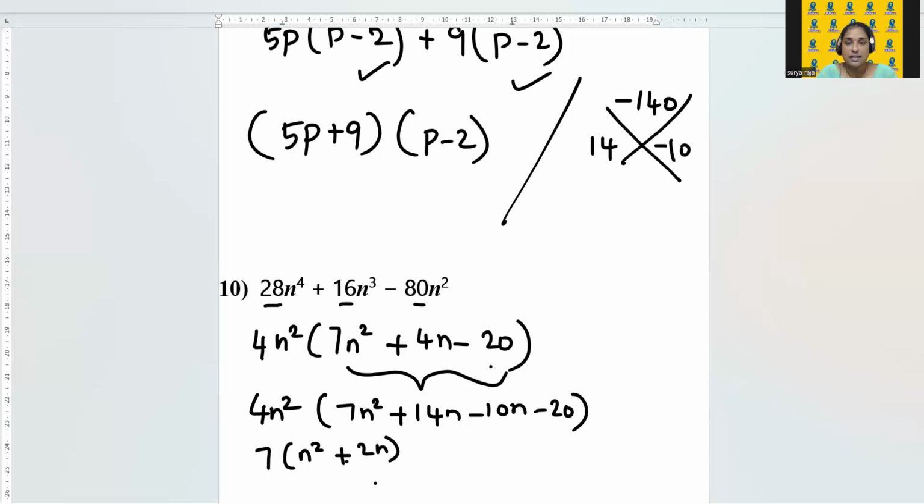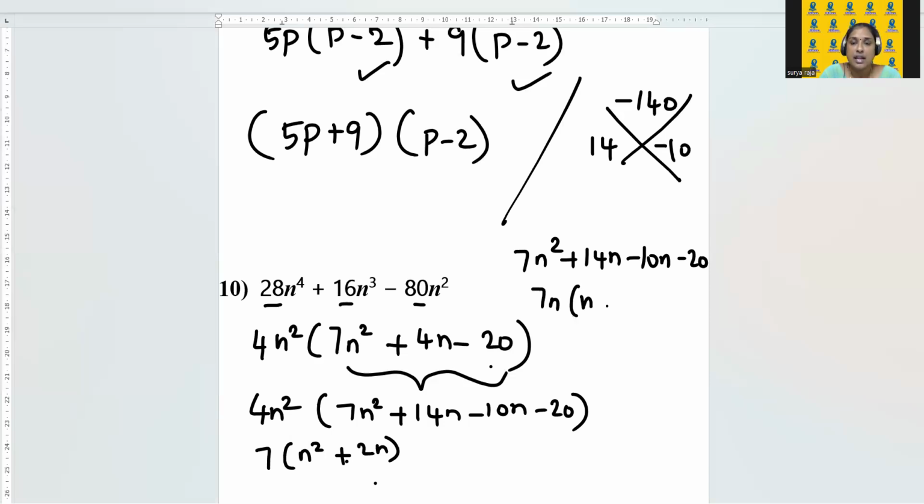So we need to take, see, when I take plus 14n minus 10n, I should get 7n square plus 14n minus 10n minus 20. So instead of writing the 4n, I have written 14n minus 10n.